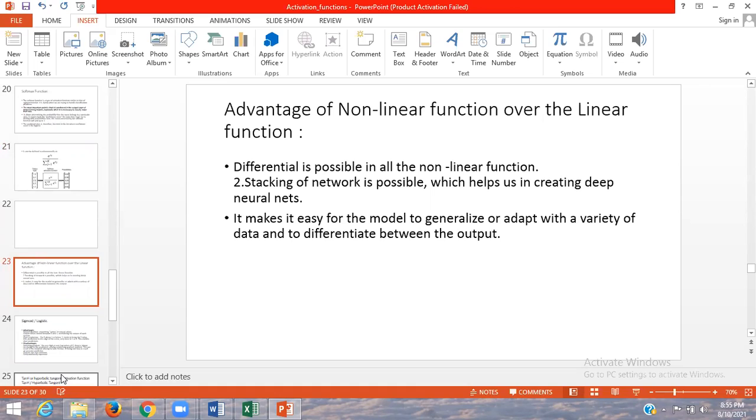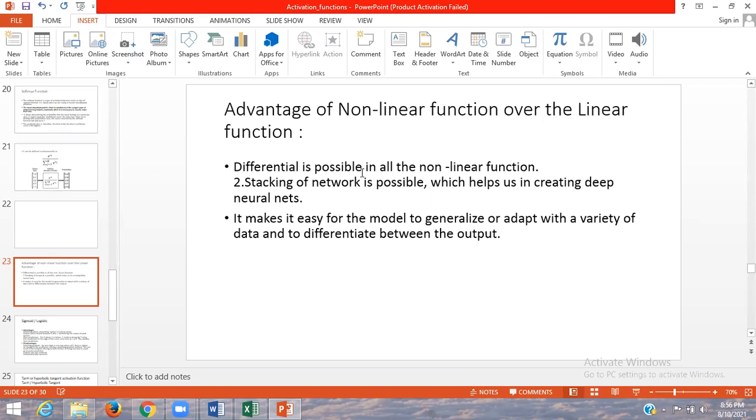Next, we have seen all the types of the activation functions. There are two types of functions we have seen: linear function and non-linear activation function. Linear function works well with very simple problems, but when a complex problem arises, linear function does not work well. Therefore we are using non-linear functions like sigmoid, ReLU, leaky ReLU, softmax, this type of functions. So what are the advantages of the non-linear function?